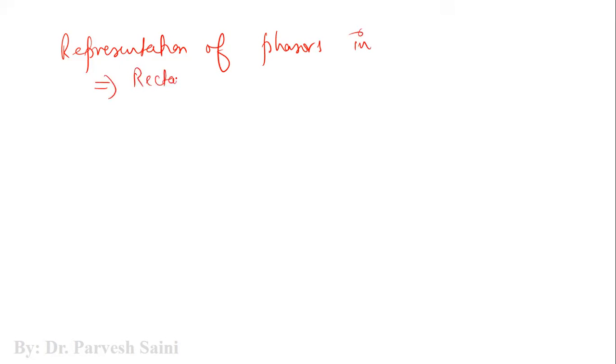So in this lecture we have understood the representation of a phasor in rectangular form, as a complex number.